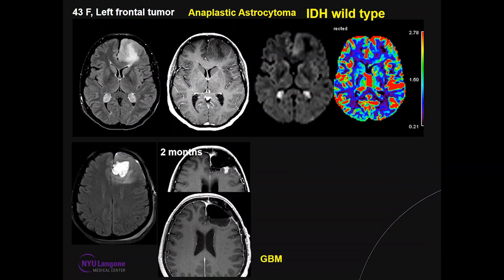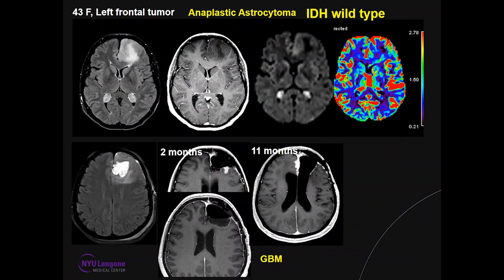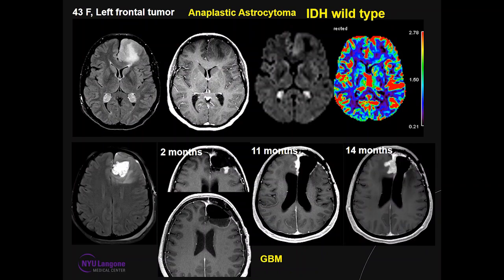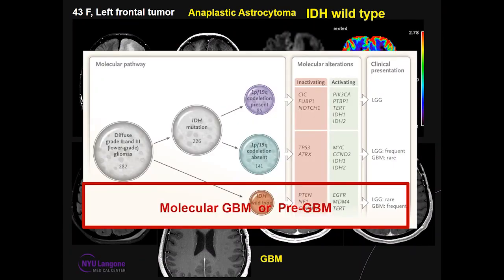This time, the histopathology came back as glioblastoma and not just a grade 3 tumor. You can see this patient doing poorly 11 months after the initial diagnosis, and 14 months after the initial diagnosis the follow-up MRI shows that the tumor continues to progress and the patient did poorly.